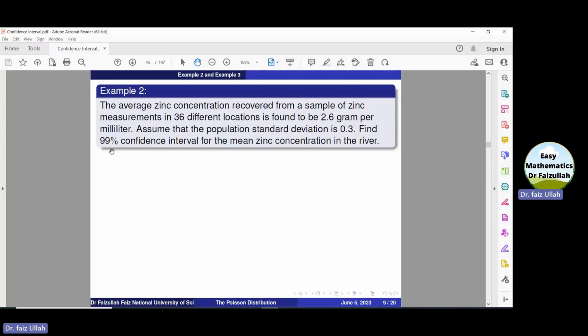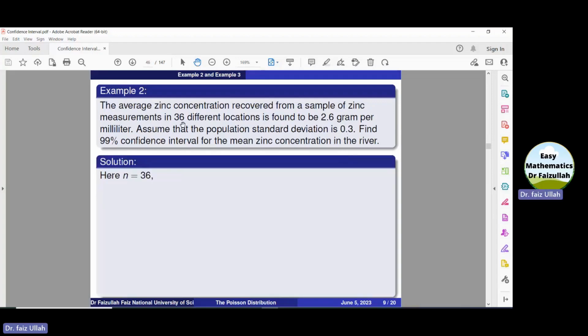Find 99% confidence interval for the mean zinc concentration in the river. Here we are given that n is equal to 36, x bar is equal to 2.6, sigma is equal to 0.3. And we need to find 99% confidence interval.